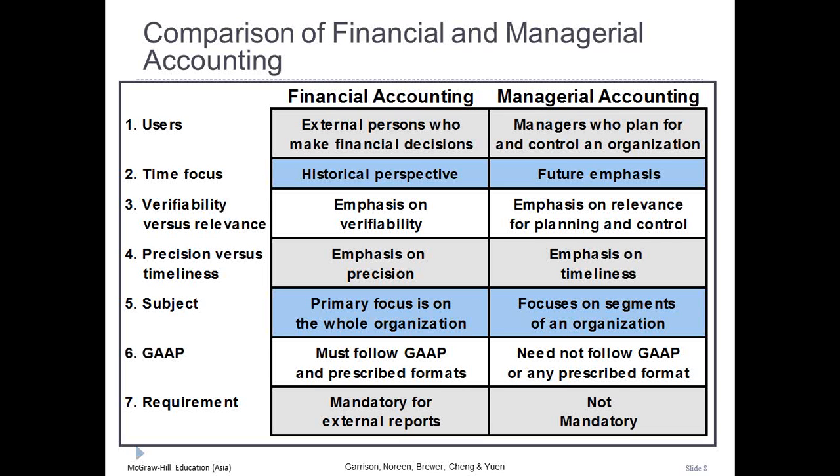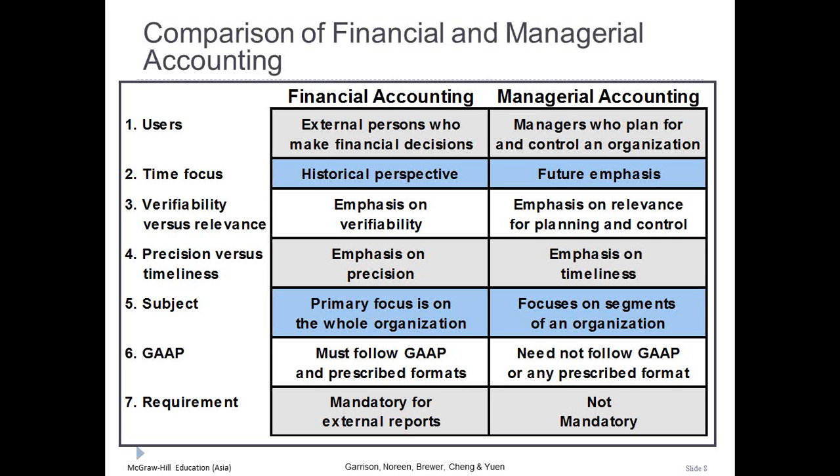Number 5, segments of an organization. Here, financial accounting is concerned with reporting for the company as a whole. Managerial accounting focuses more on the segments of the company. Examples of segments include product lines, sales territories, divisions, departments, etc. Number 6, GAAP, generally accepted accounting principles.